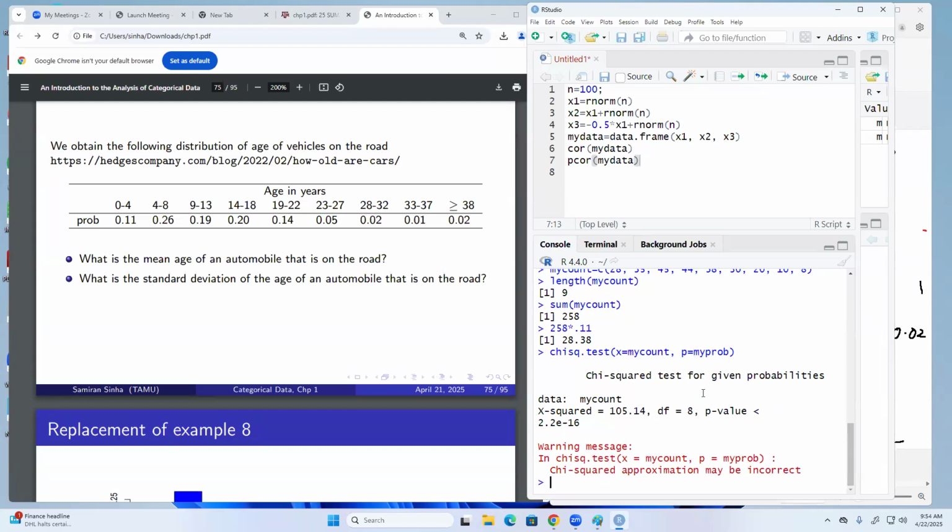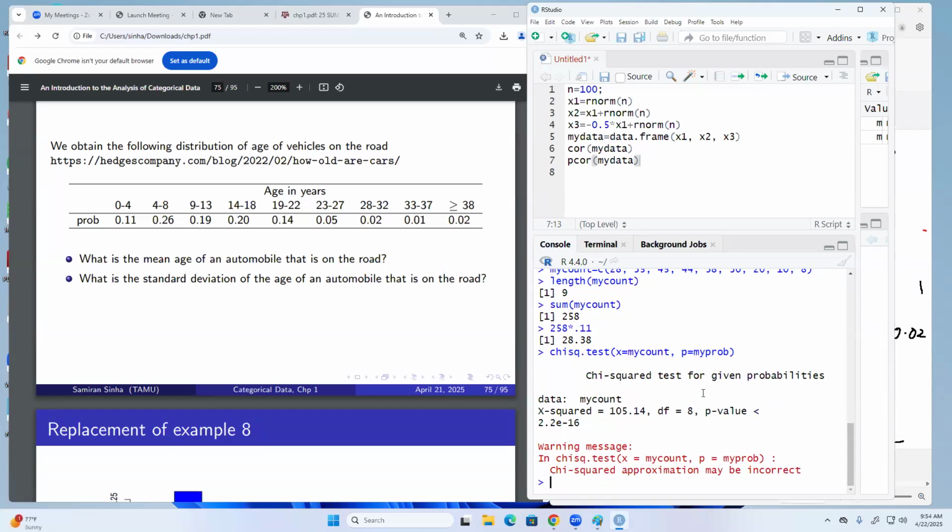Okay, so this is the test statistic. The test statistic value is 105.14. The degrees of freedom is 8. And the p-value is less than 2.2 times 10 to the power minus 16.